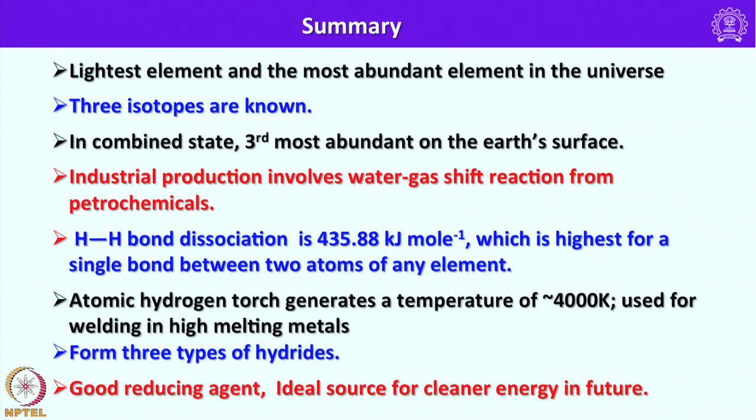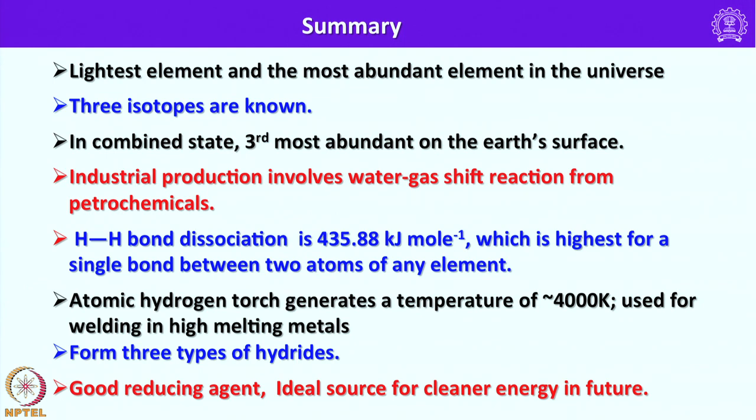In the combined state, it is the third most abundant on the earth's surface, essentially in the form of water or hydrated minerals. Industrial production involves the water gas shift reaction from petrochemicals. The bulk of the production of H2 comes from petrochemicals, although we use electrolysis and other methods.